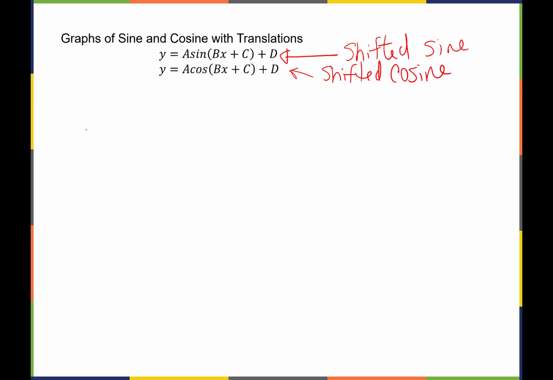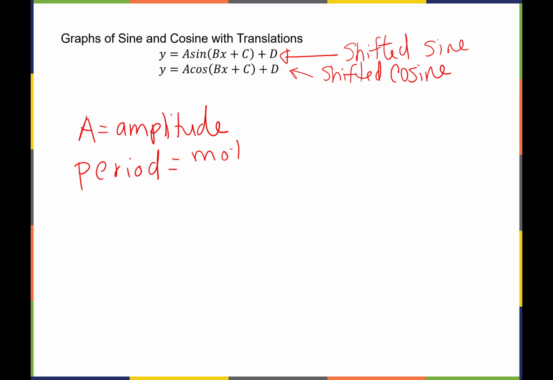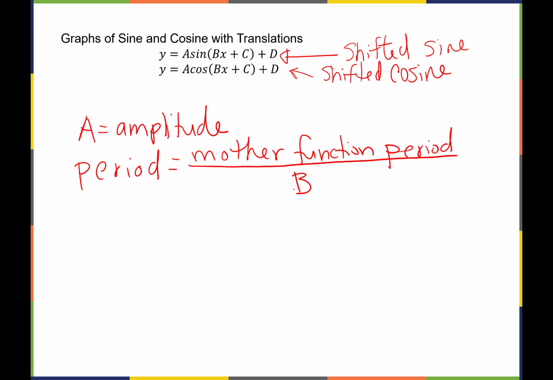In both of these, A represents the amplitude, your period for a shifted trig function is going to be the period of your mother function divided by your value of B, which would be right here.